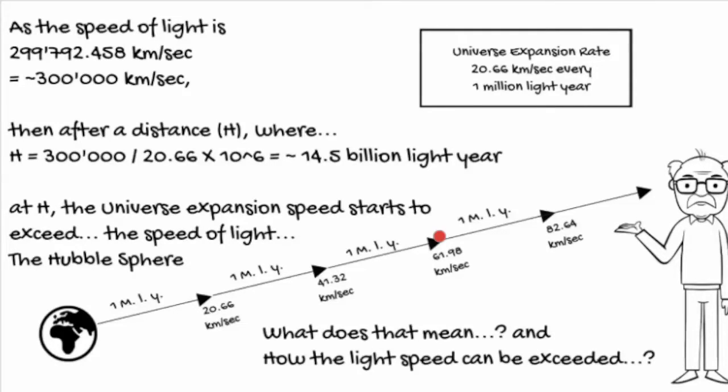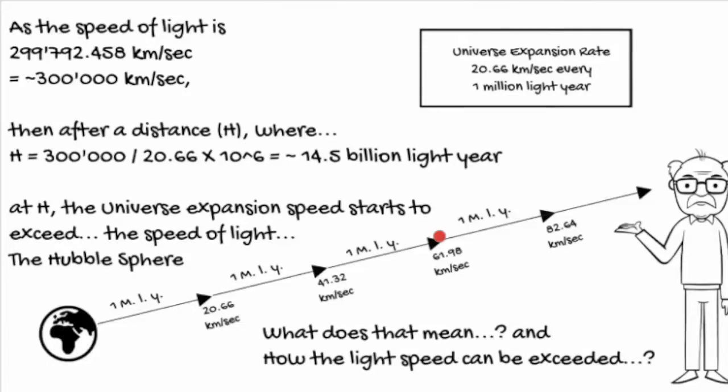Knowing this, we could simulate that by saying that this black circle here is the visible universe, with a radius of 46 billion light years, and beyond it comes the overall universe.